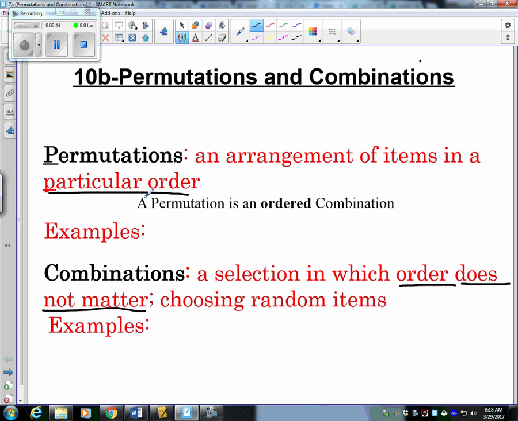One example of a permutation would be finishing a race in order. If in the race you want to place first, second, third, that's a particular order.